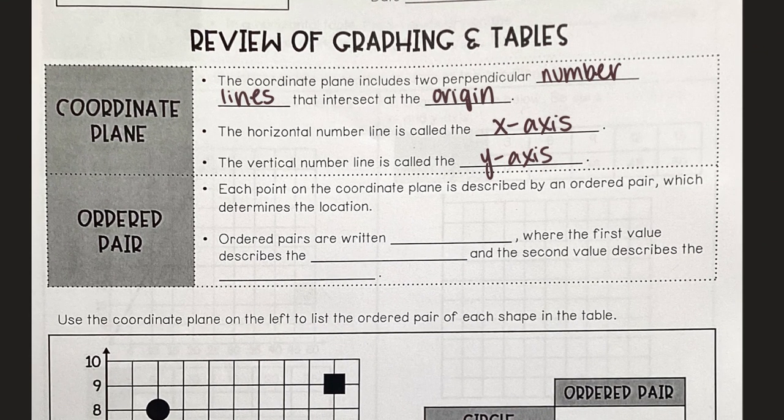So now our next piece of vocab is talking about our ordered pairs. Each point on the coordinate plane is described by an ordered pair, which determines its location. That's our first bullet point.